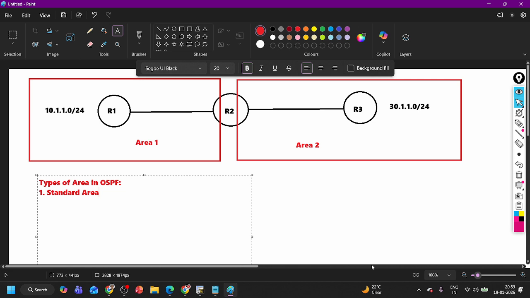Done. Here, in a standard area, all areas are by default standard areas. First of all, whatever area we have is by default a standard area.